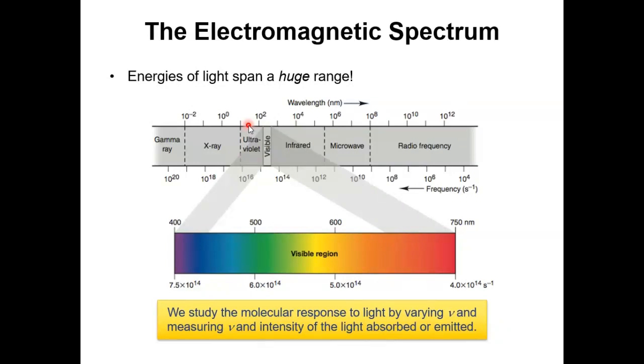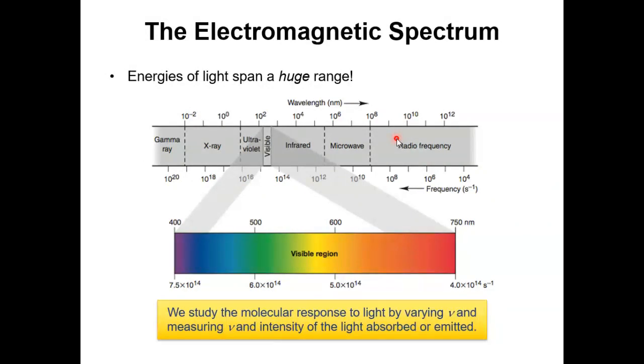So I hope you know that when we're sending a radio frequency wave into our sample, some of the photons will be absorbed because of the transition between two nuclear magnetic energy states. Okay?